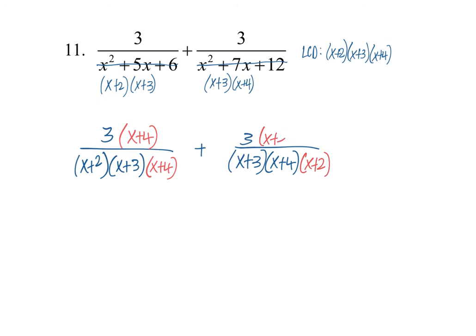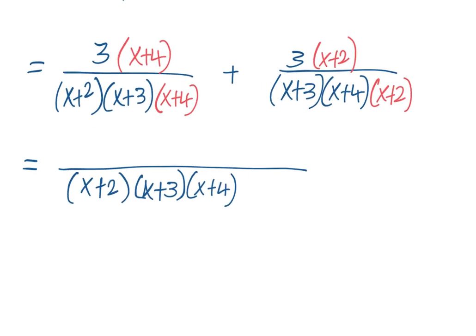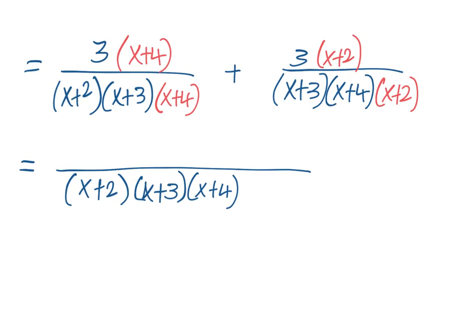So now let's write it as one fraction. And we can again write it as one fraction because both denominators are the same. They are the LCD now. So I have 3x plus 12 plus 3x plus 6.